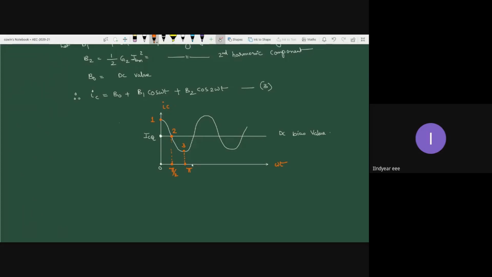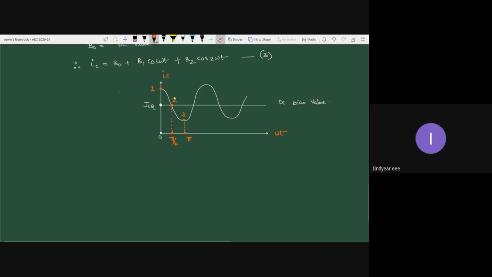All right. So let me write it, figure 2. This figure 2 depicts the actual collector current scenario. So this comprises the quiescent value as well as the AC value.